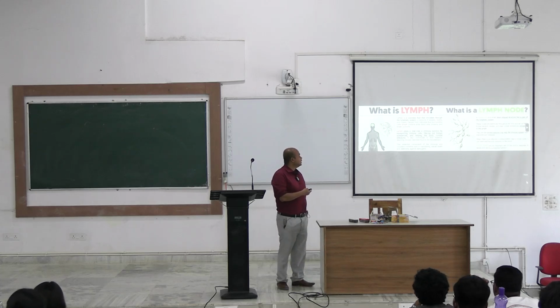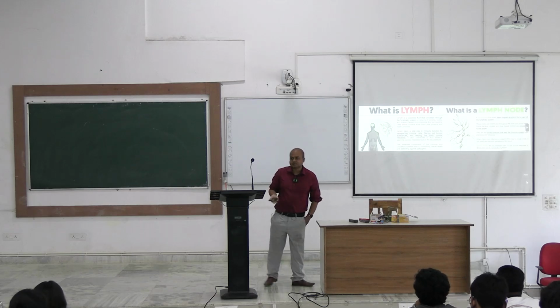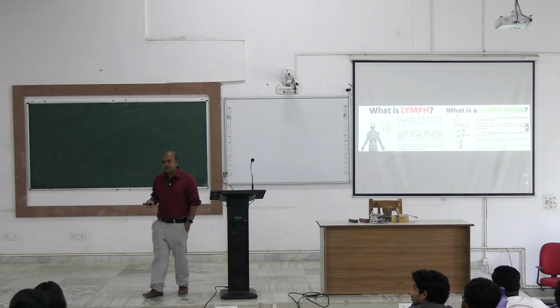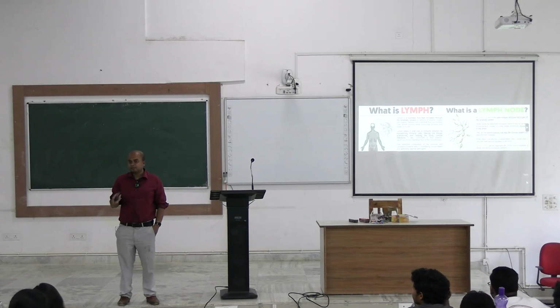A lymph node is a bean-shaped or kidney-shaped structure, a small structure which is sometimes palpable, and in infections they are prominently palpable, that means they grow.